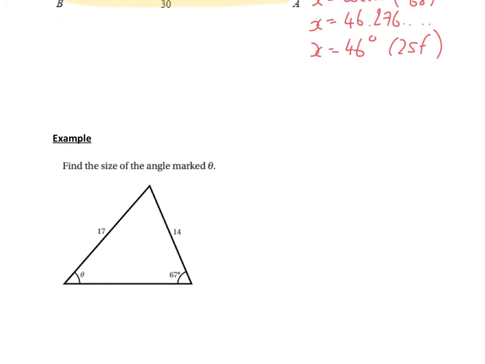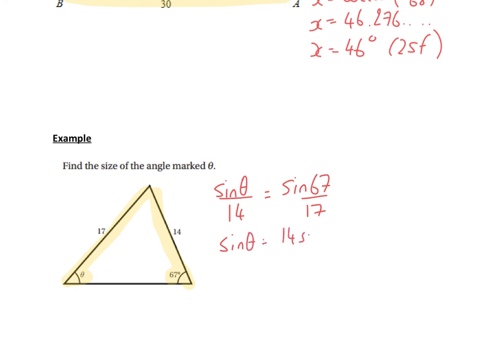And last one, find the size of the angle marked theta. So highlight what we've got. I've got two pairs, so I'm going to use the sine rule. So sine theta divided by 14 is sine 67 divided by 17, times both sides by 14.